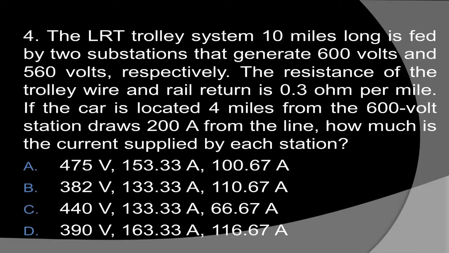So let us draw our circuit. We have two DC substations, since a railway is a DC system.